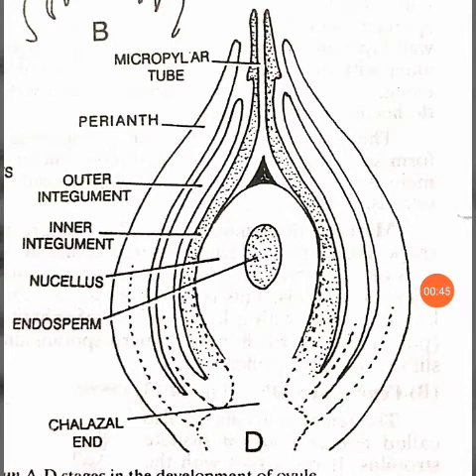A fourth layer may also be present in some cases, for example in Gnetum ula, so just remember that a fourth layer is present in some species.